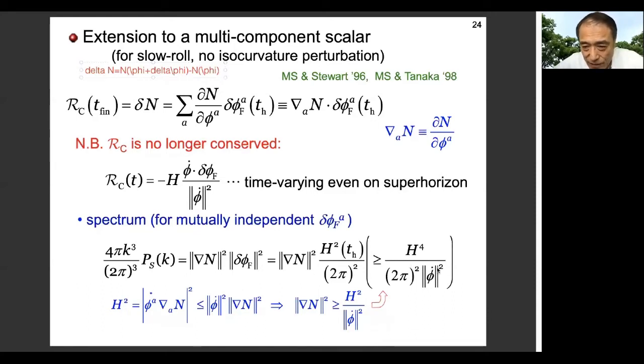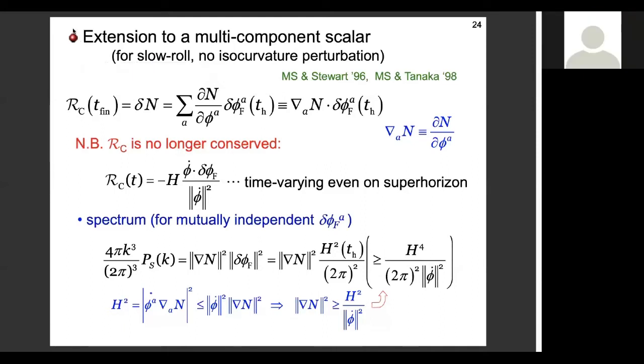Usually in a single scalar field case, this is an equality, just phi dot squared. But when there are multiple components, this is an inequality. So knowing this phi dot doesn't exactly give you the final answer, but you should know the number of e-folds as a function of the scalar field.